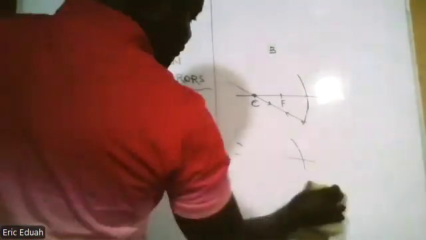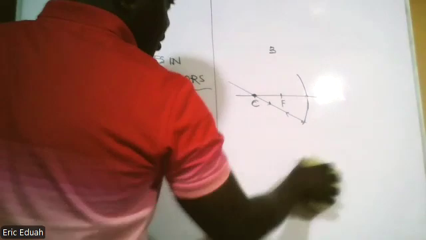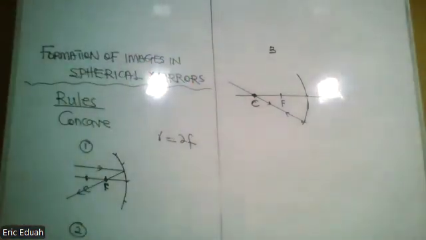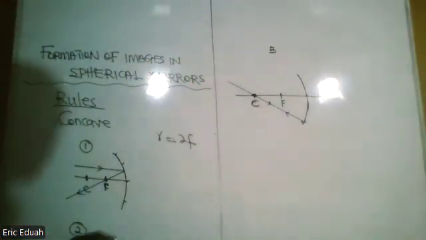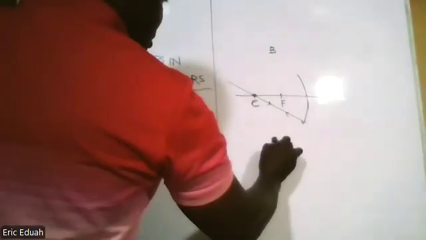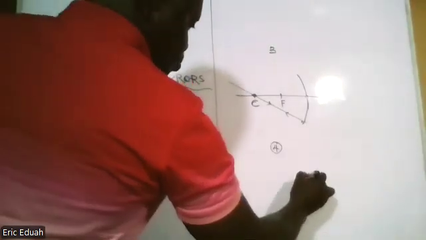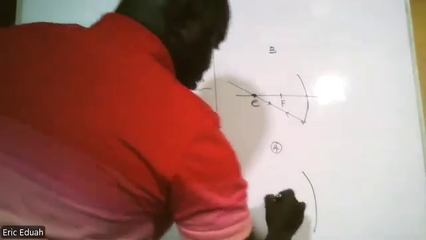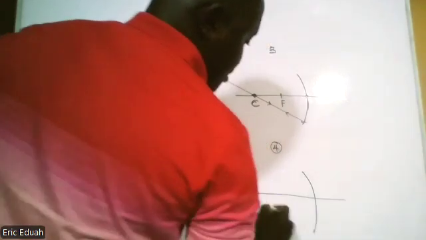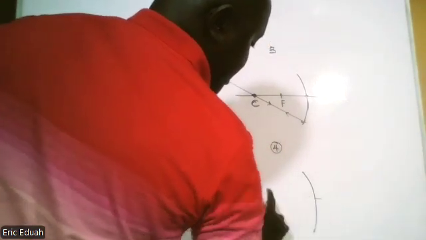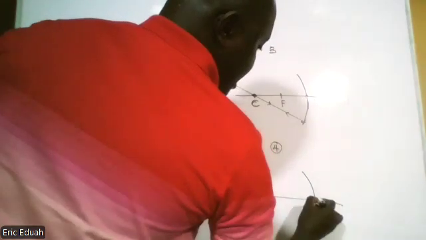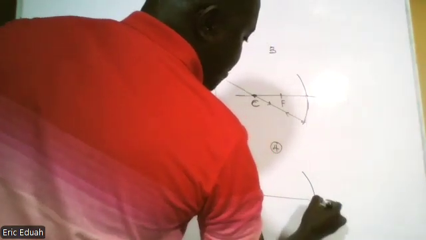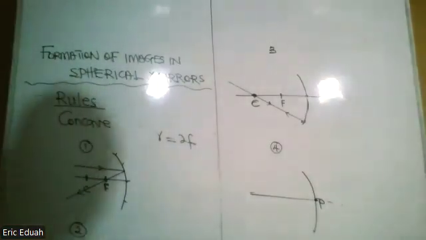And then the final rule, rule 4, is that a ray of light hitting the pole of the mirror.